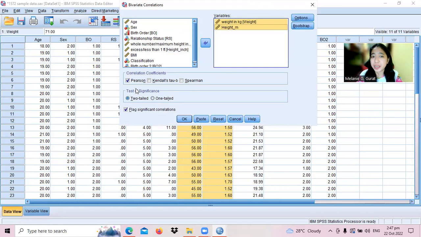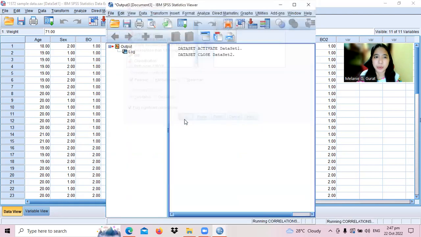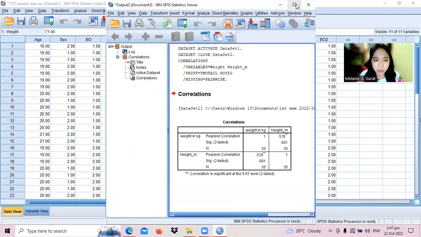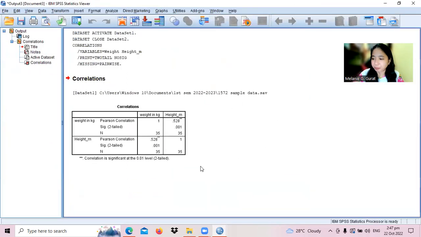But Kendall's tau-b and Spearman-r are non-parametric tests. Since we satisfy the condition of parametric, then we will be using Pearson-r. By default, we have flagged significant correlations here, which means if the result is significant, we can expect an asterisk sign. So click OK.